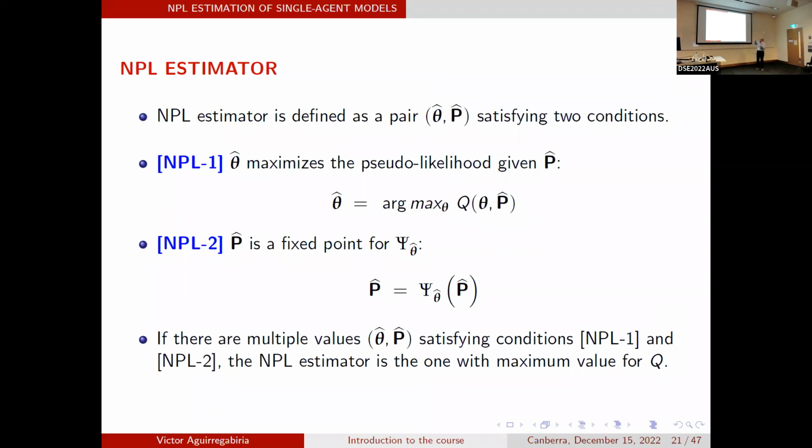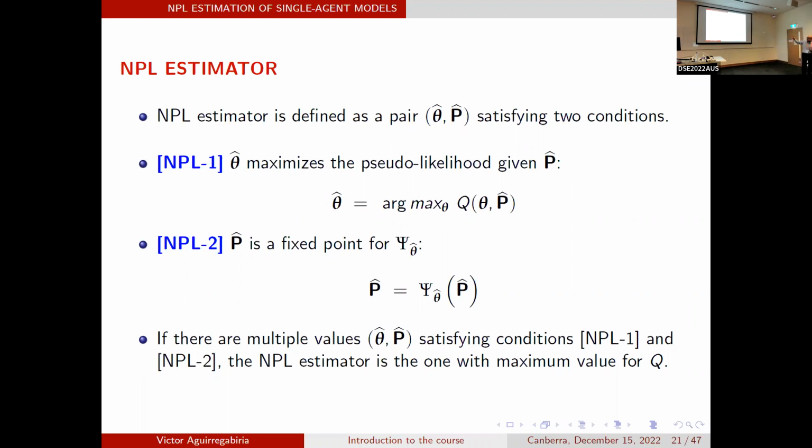Because theta affects this likelihood in the maximum likelihood through the direct effect, but also through the indirect effect that I mentioned before. In principle, they are not equivalent. What we have is that the zero Jacobian property implies that these two conditions and the conditions that define the maximum likelihood estimator are exactly the same conditions.